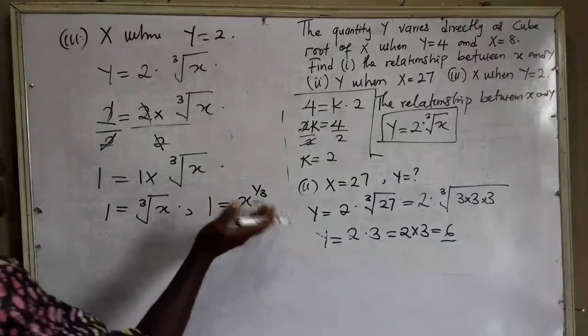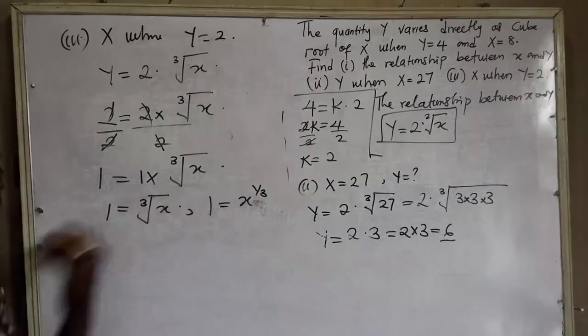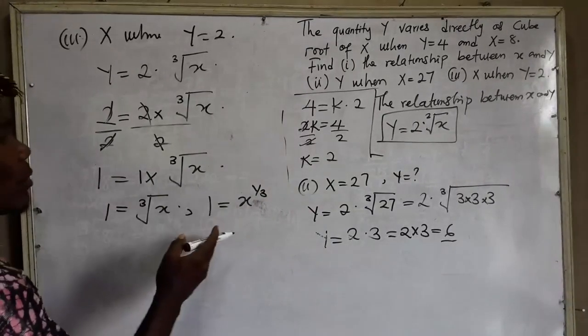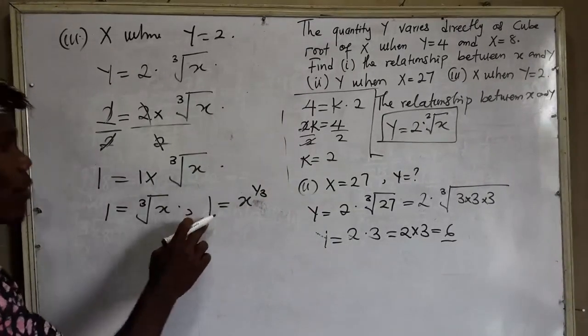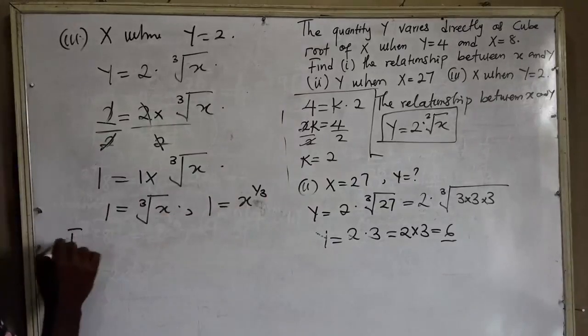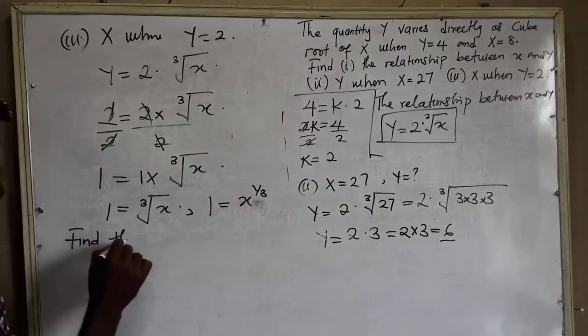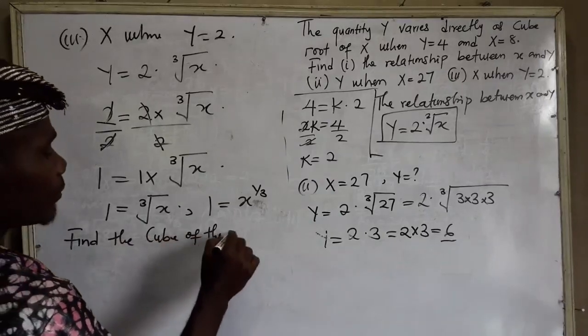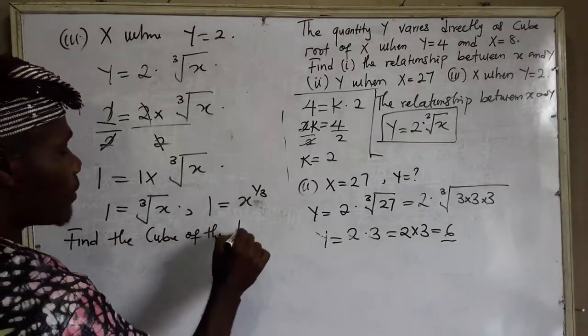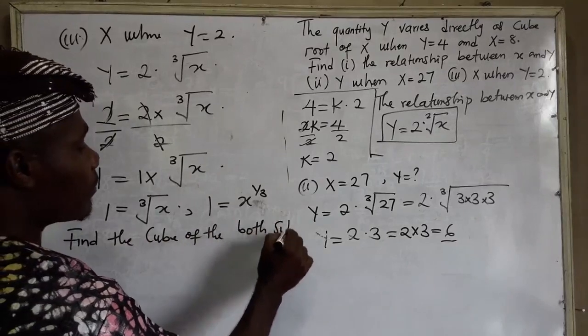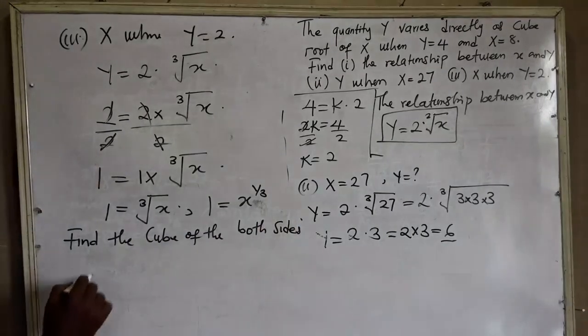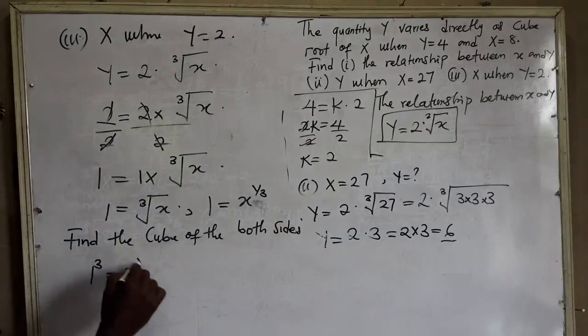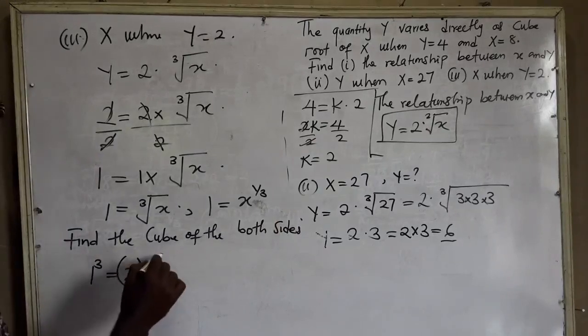So how do we now find the value of x at this junction? So let's try to find the cube of both sides. We have 1 to the power 3 is equal to x raised to the power 1 over 3 all raised to the power 3.